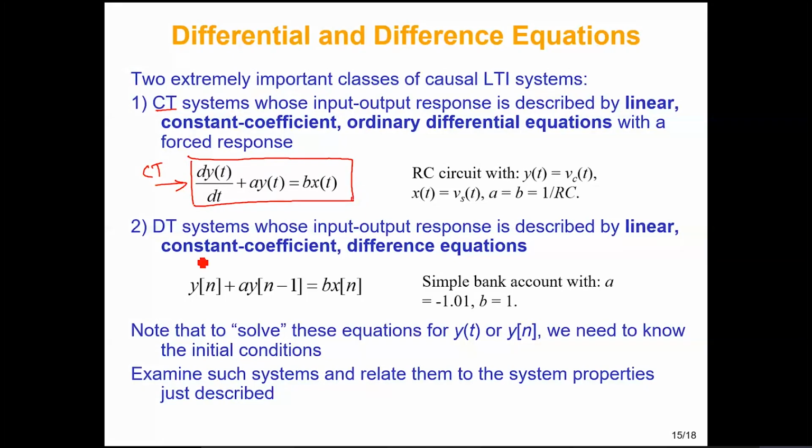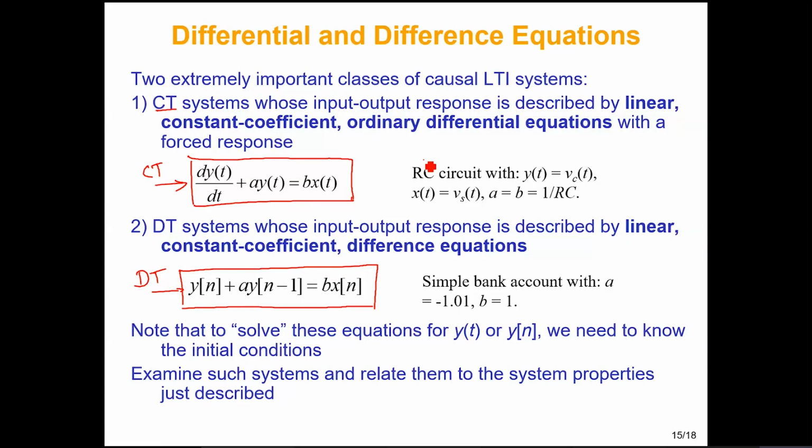In comparison, if you have a discrete time system, the equation which gives you the relationship between input and output for a discrete time system invariably will end up becoming a difference equation. And you may have difference terms with y, difference terms with x. It all depends on what system you have. So we saw this example in the shape of an RC circuit.